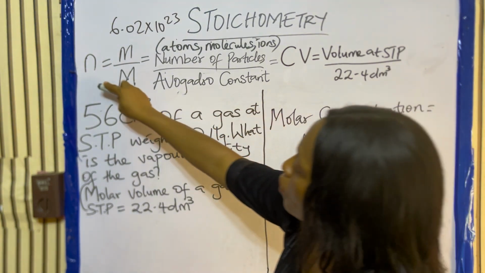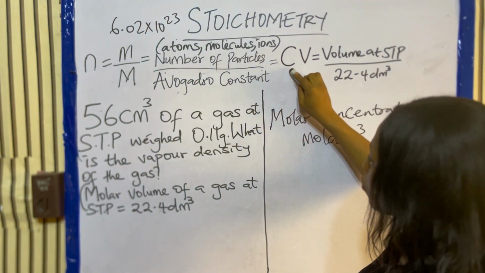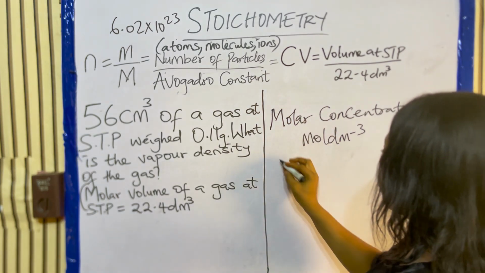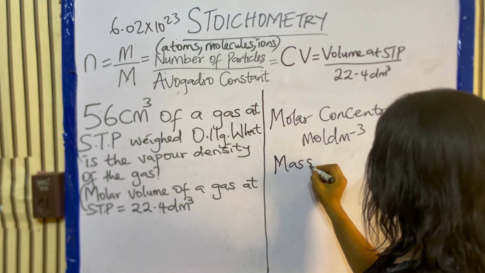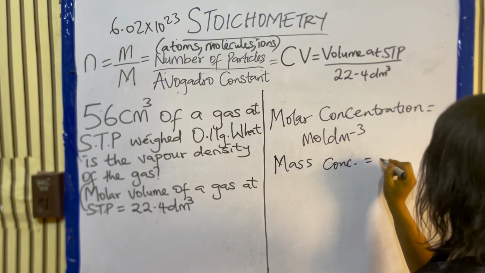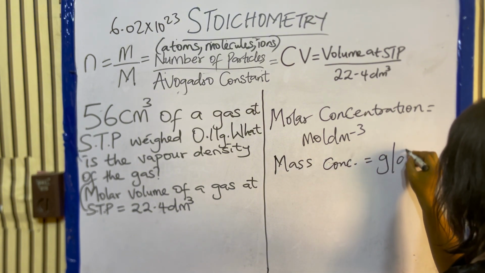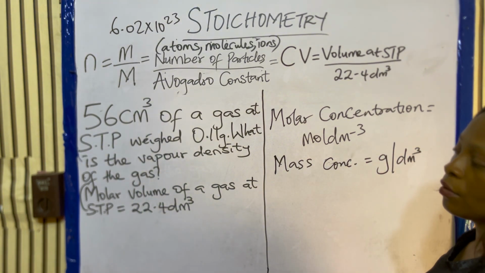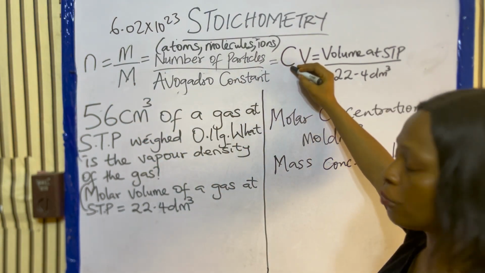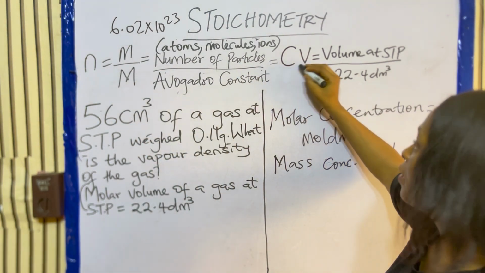So number of mole is equal to molar concentration, because we also have what we call mass concentration. Mass concentration is measured in gram per dm cube.